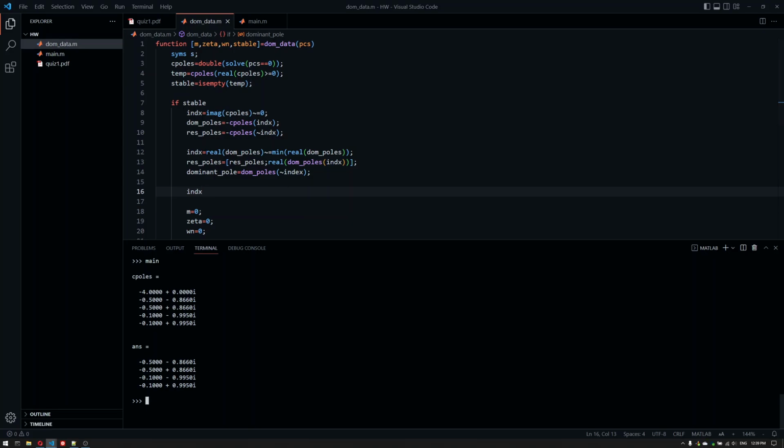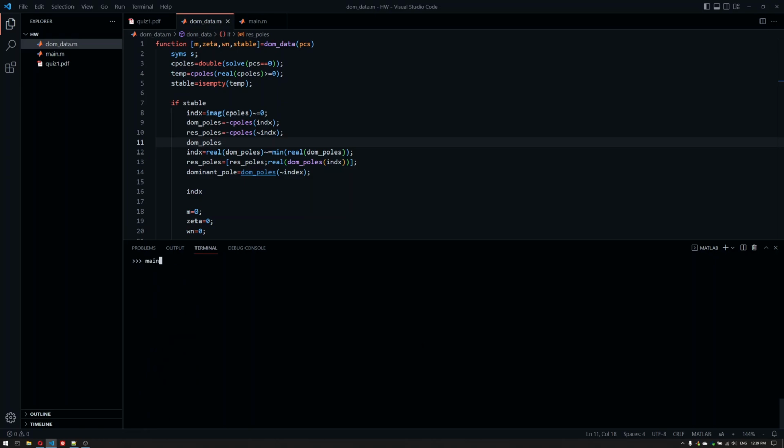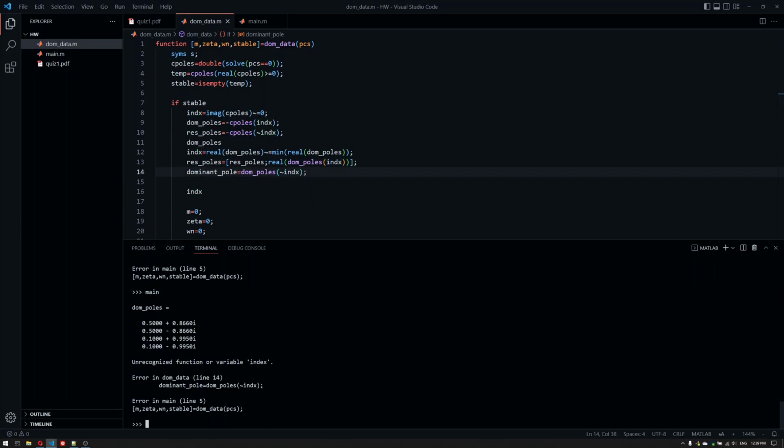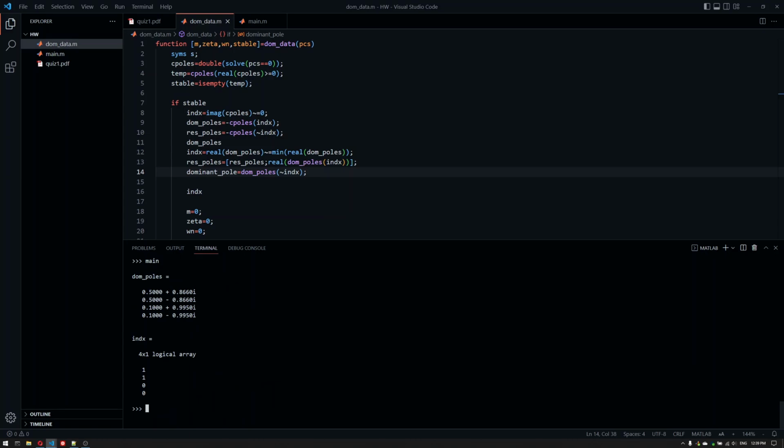and the dom poles are here. It's index here. Oh, I misspelled it here. There we go.